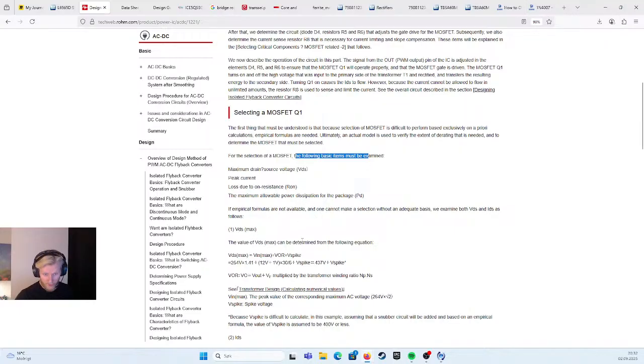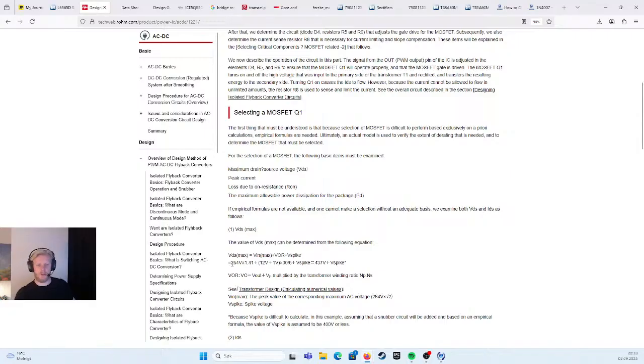VDS max, the value of VDS max can be determined from the following equation. So VDS max is V in max plus V or, the reflected voltage, plus the V spike. And the V in max was, in this case, 264 times root 2, which is 1.41.